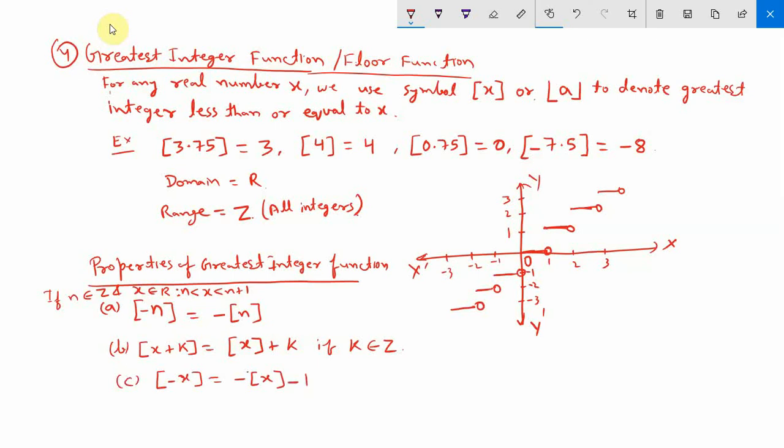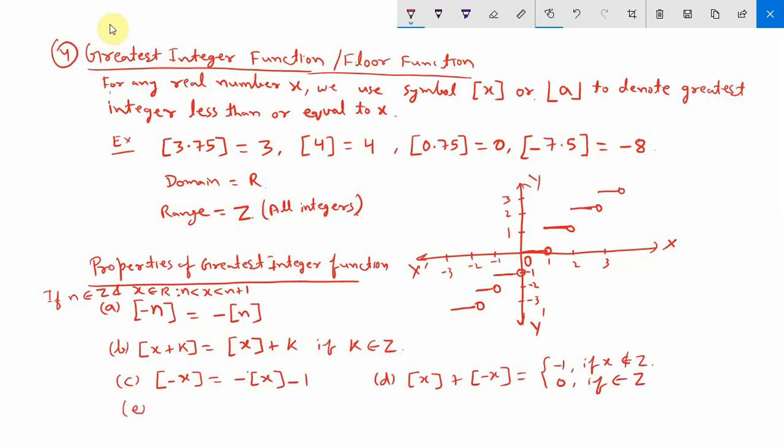Okay. Next one is [x] + [−x]. The greatest integer function of x plus the greatest integer function of −x will be 0 if x is an integer and −1 if x is not an integer. Okay.